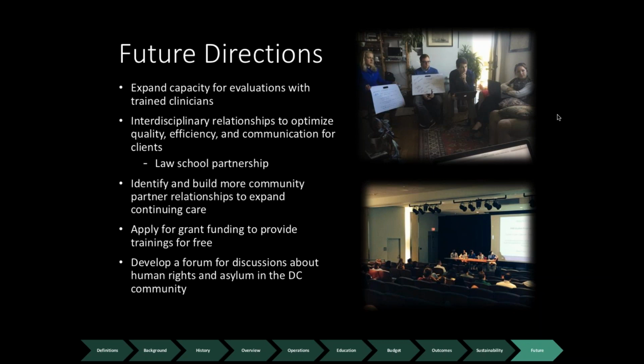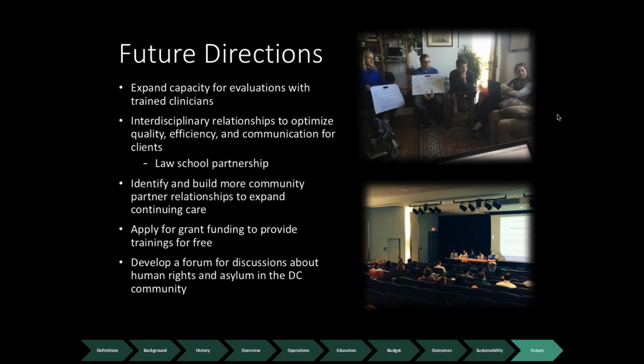And then finally, as a more esoteric and broad goal, we want to develop a forum for discussions about human rights and asylum in the DC community, and be that point organization that connects all these other really amazing organizations and groups together so that we can have these conversations.